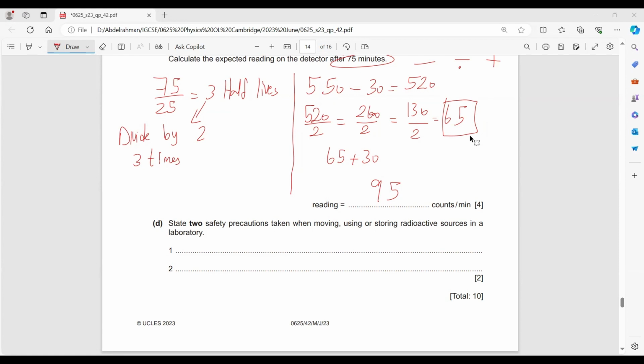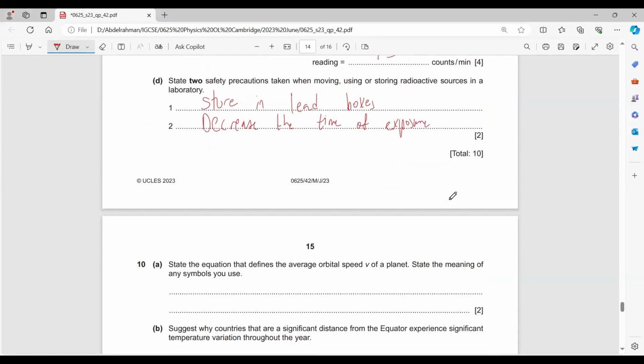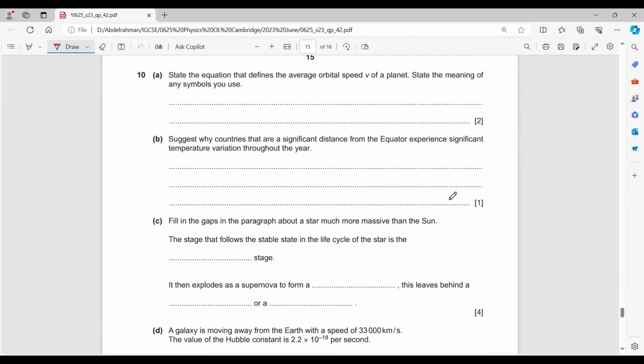Use safety gloves, don't touch them directly with your hands. For storing, we would store them in lead boxes. We can also say decrease the time of exposure.